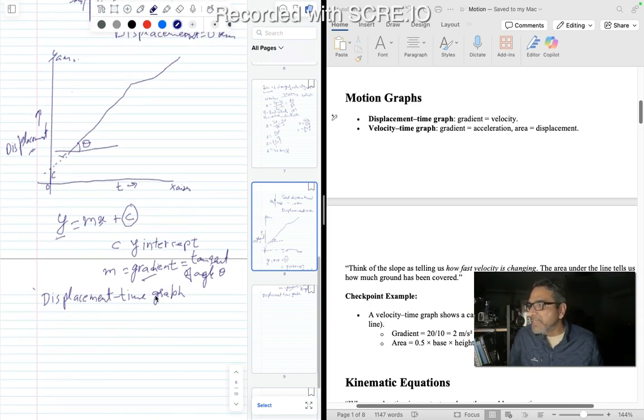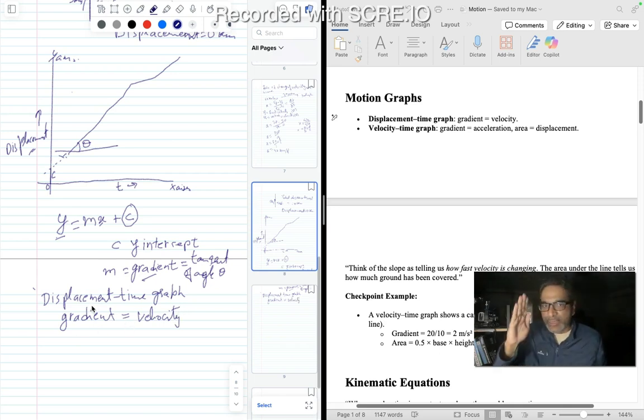Okay, in a displacement time graph, the gradient of the equation represents the velocity. The tilt of the graph gives us the velocity of that particular motion.